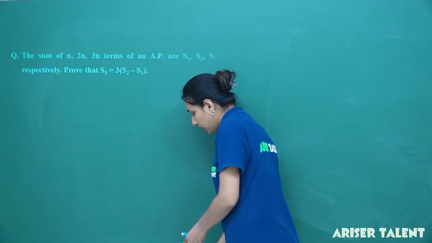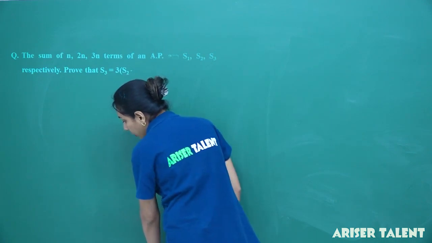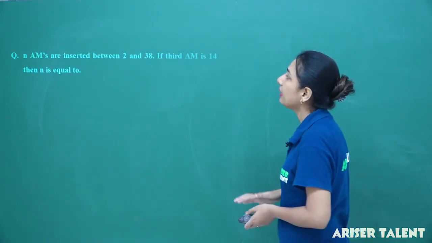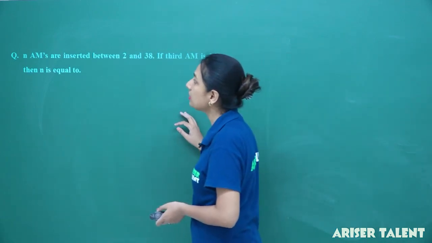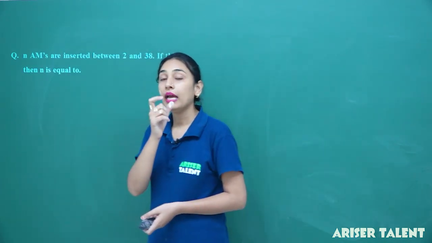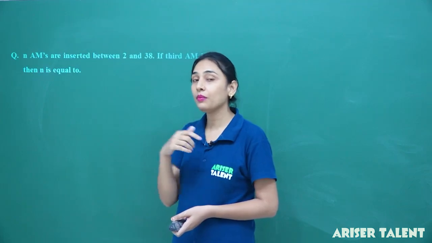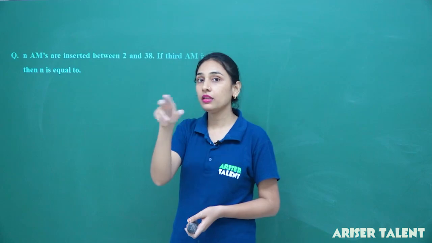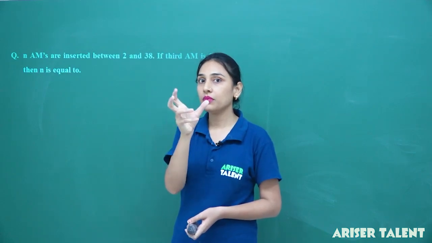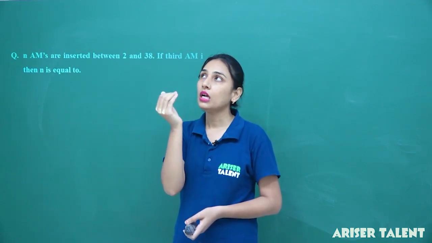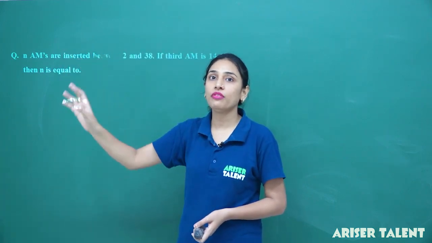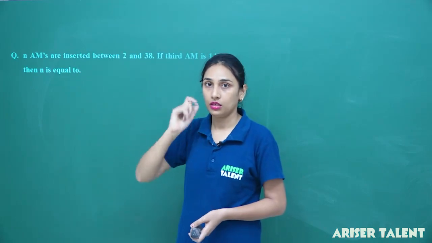Summation and the nth term, you have to know the formula. The next question is on n AMs inserted between A and B. We were having A and B, and in between we were fixing some terms A1, A2, A3, A4, A5, up to An, right?